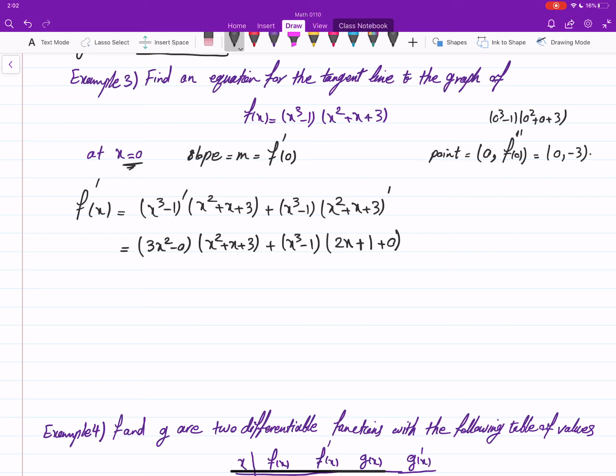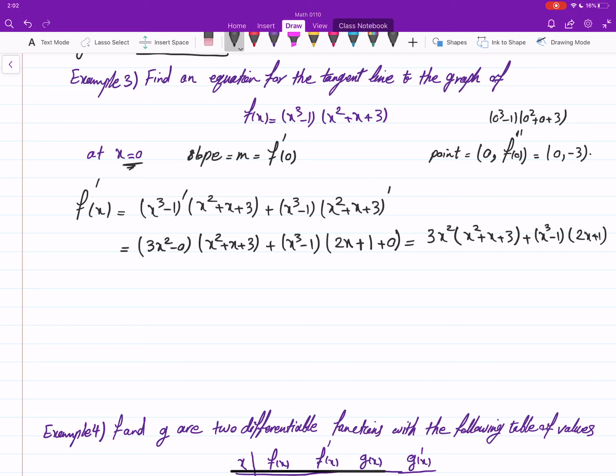And, well, that gives us what we were looking for. The derivative is 3x squared times x squared plus x plus 3 plus x cubed minus 1 times 2x plus 1.